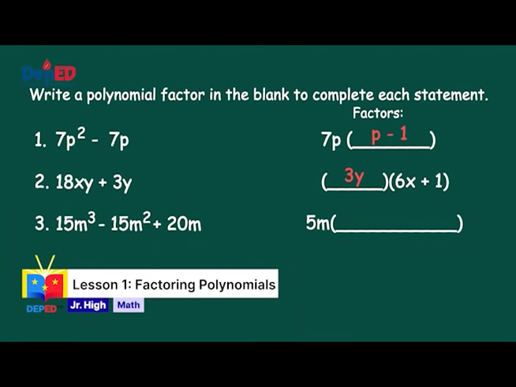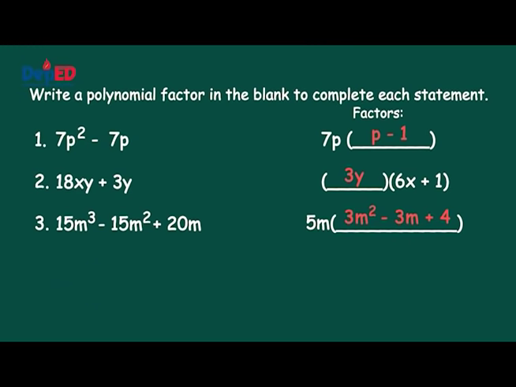15m cubed minus 15m squared plus 20m is equal to 5m times what polynomial? The polynomial factor in this item is 3m squared minus 3m plus 4.